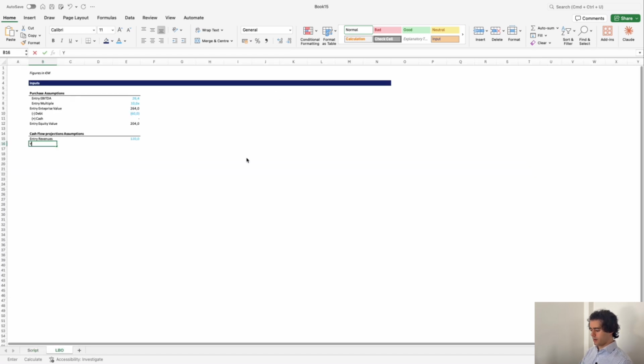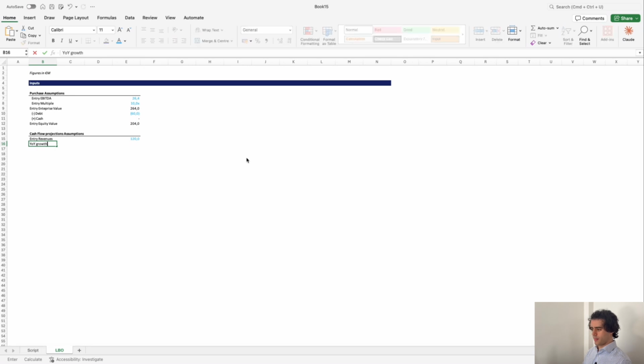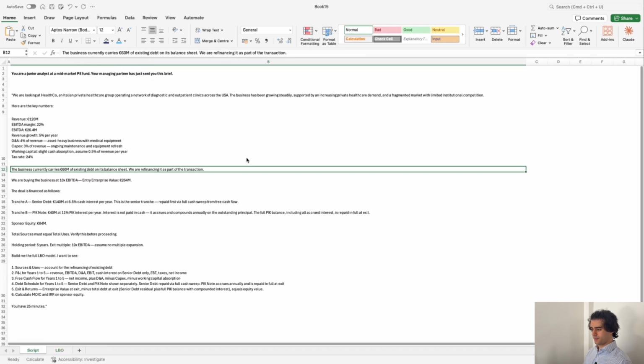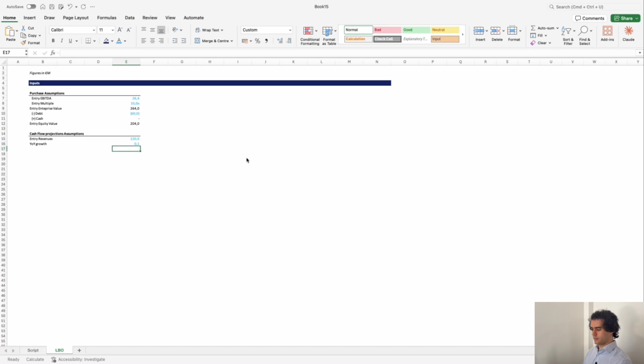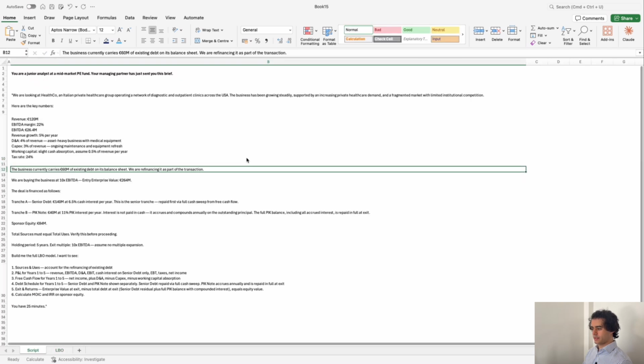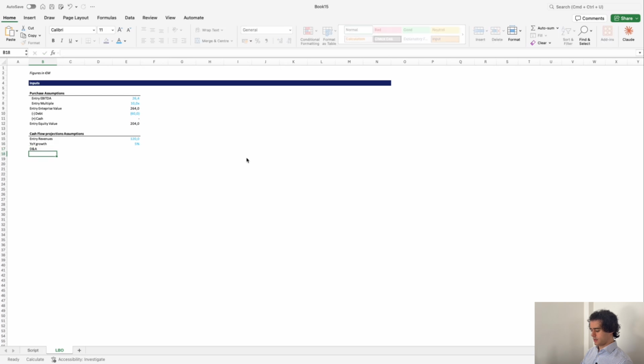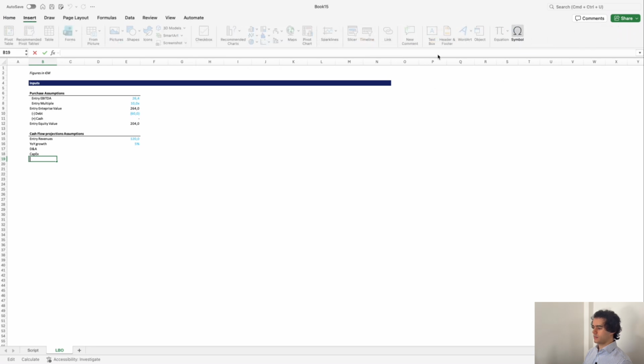Then we have a year-over-year growth of 5%. Then we have D&A, CapEx, delta net working capital, and tax rate.